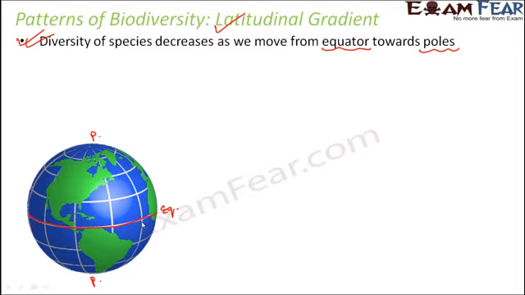Now there are so many places located on this sphere. How do we understand where exactly a place is located? For that we need some parameter. We measure the angular distance of that place with respect to the equator. The angular distance of a place north or south of the equator is determined by the latitude.